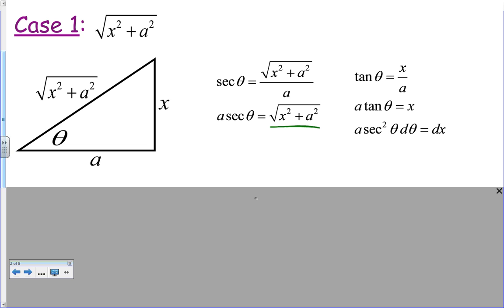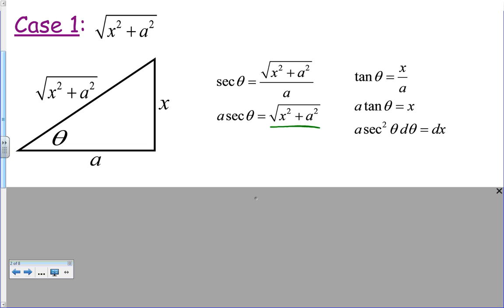Now, of course, if I'm trying to do a substitution, I not only have to find out what I'm replacing that x part with, but I also have to find out what dx gets replaced with. So if I use the other two legs of my triangle, the opposite side and the adjacent side, the vertical leg x and the horizontal leg a, again, always involving the leg that has the constant on it, you'd have tangent of theta is equal to x over a, or solving for x, a tangent of theta is equal to x.